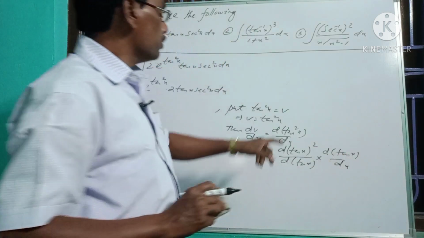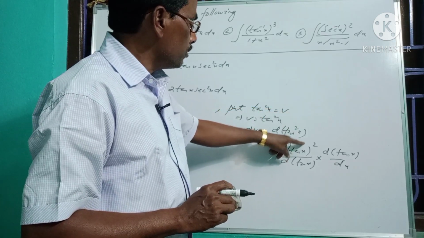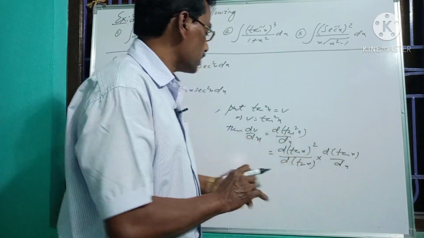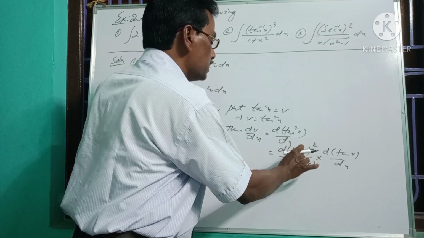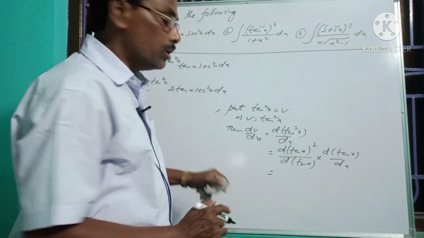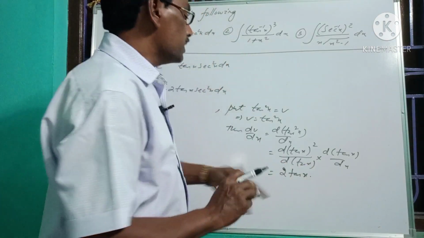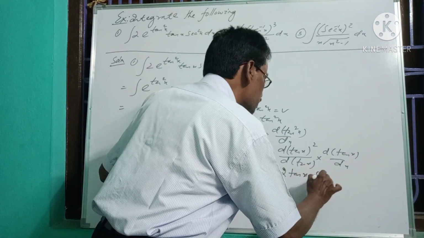Here we have the function tan square x. So tan square x can be differentiated with respect to tan x into the derivative of tan x with respect to x. Now in place of tan x, if you take u, the derivative of u square with respect to u will give us 2u. So we have 2 tan x into the derivative of tan x with respect to x, which is sec square x.